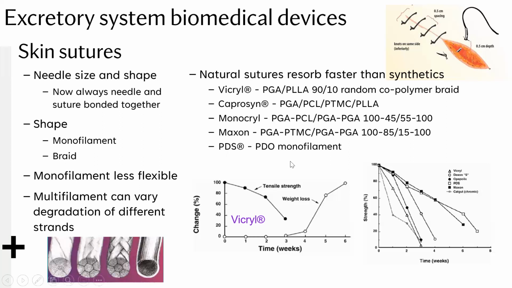Here are a couple of examples of suture materials. And what you see here is the comparison of those materials. They each have a different timeline of degradation. So what happens is, as time passes, the strength of these filaments or threads is gradually going to decrease.